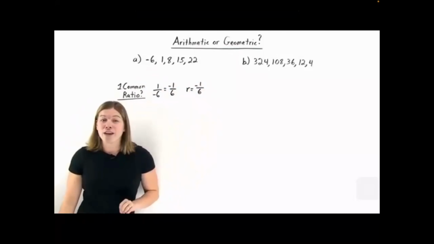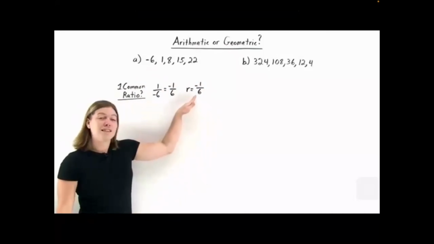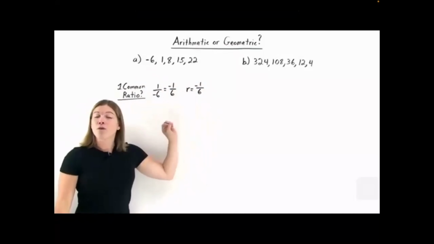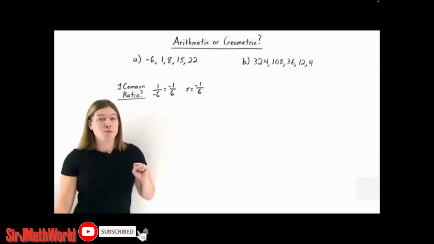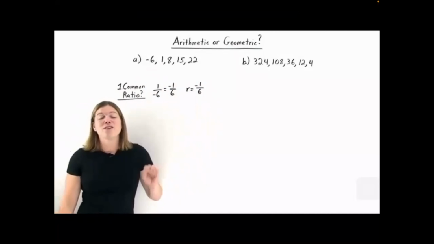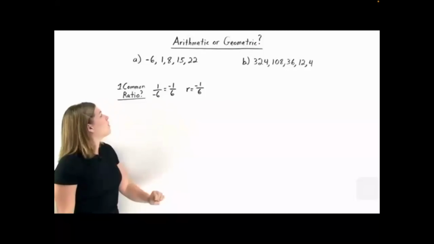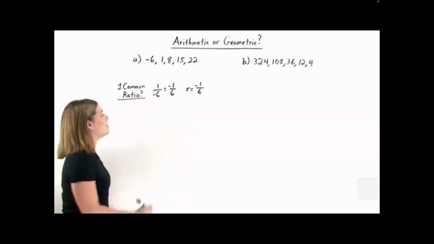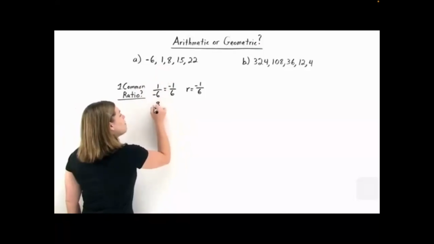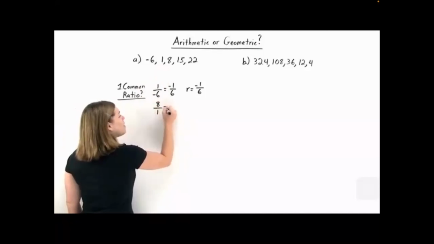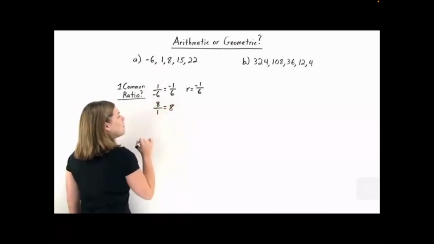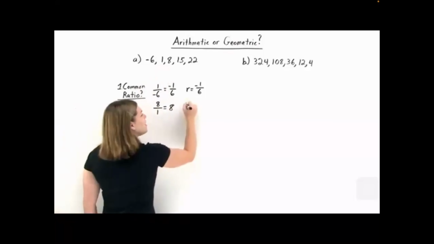Now, in order for this sequence to have a common ratio, we need to get this same value for r whenever we perform the similar division with any two other consecutive terms in this sequence. So let's take a look at the next set of consecutive terms, 1 and 8. We find the ratio between them by taking 8 and dividing it by the term that comes before it, 1. 8 divided by 1 is 8.